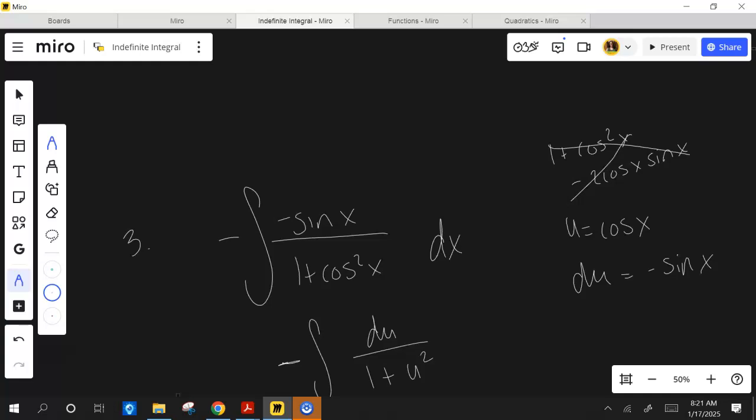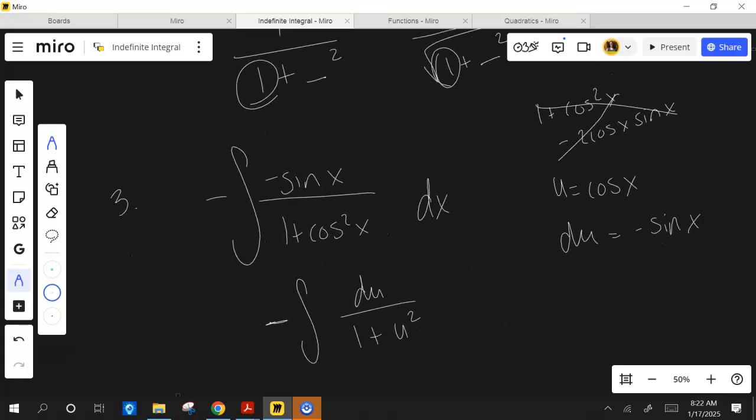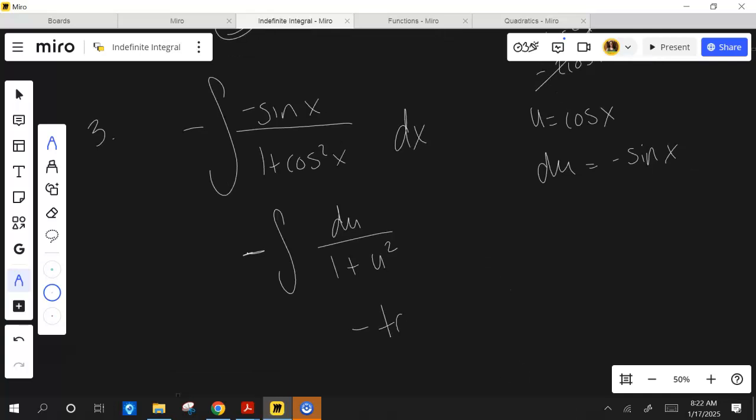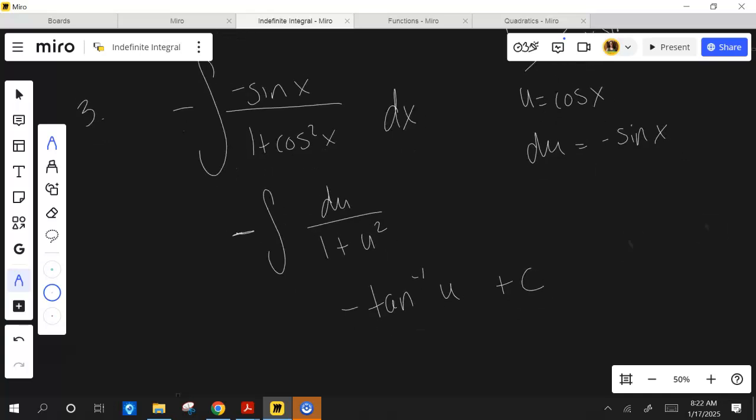Anytime you see something in the form of 1 over 1 plus something squared, or 1 over the square root of 1 plus something squared, or this is a perfect square, these are all inverse trig functions. So you're trying to get them to look that way. So for this one, you look at your green sheet. What is it? Inverse tan. It's inverse tan.